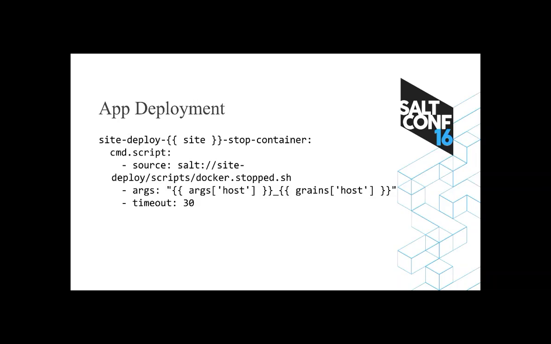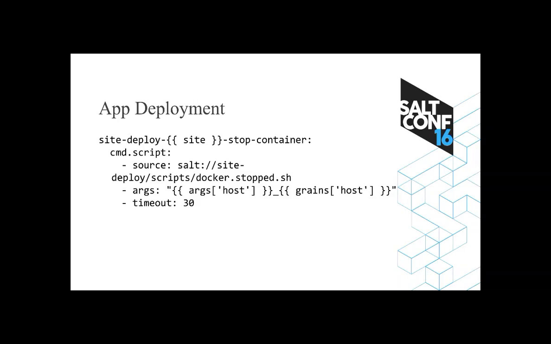We've definitely gone back through our Salt states and removed some of our command references. In fact, this has already been removed in the last couple months. So we don't manually stop the container.